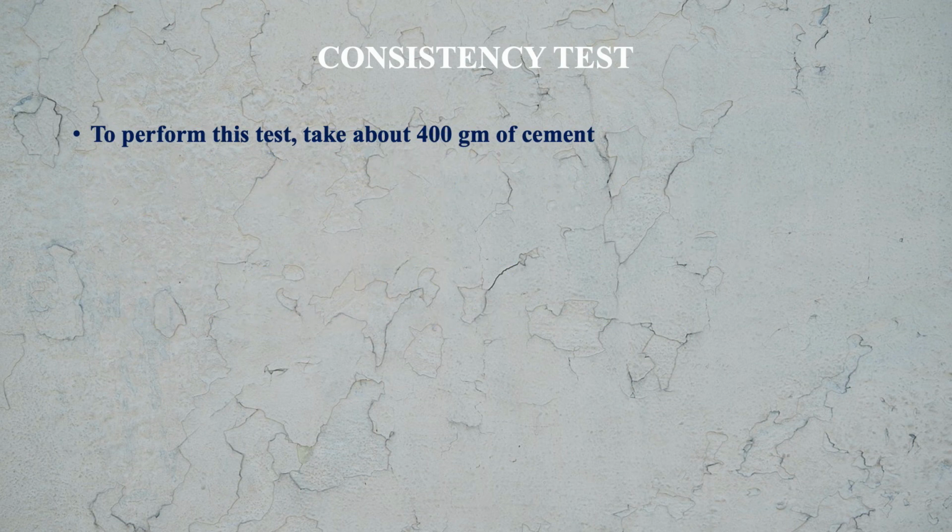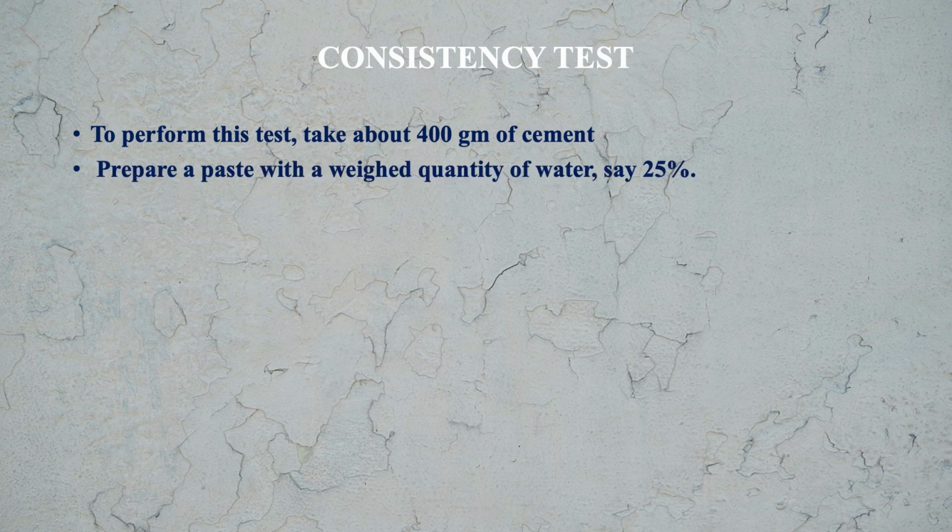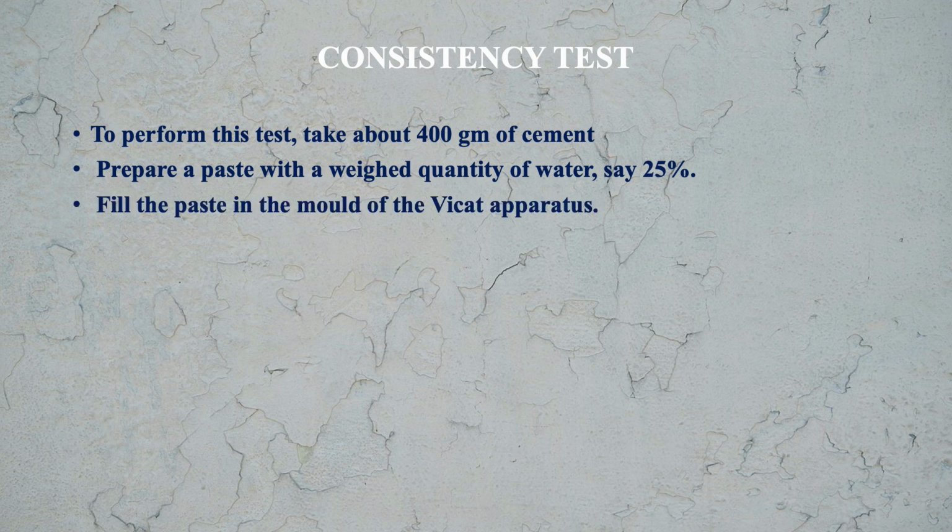To perform this test, we take 400 grams of cement and prepare a paste with a weighed quantity of water, say 25%. We can initially start with 25% water. Now fill the paste in the mold of the Vicat apparatus.